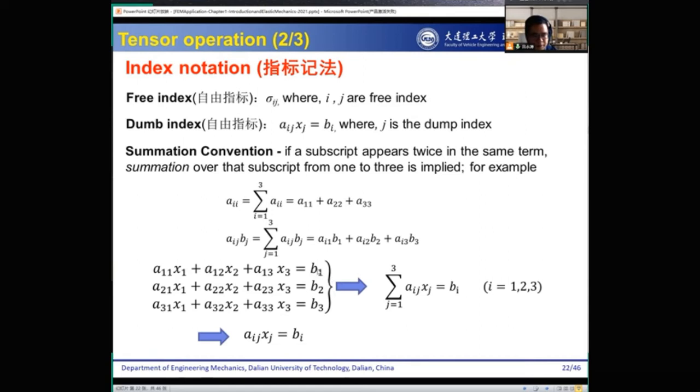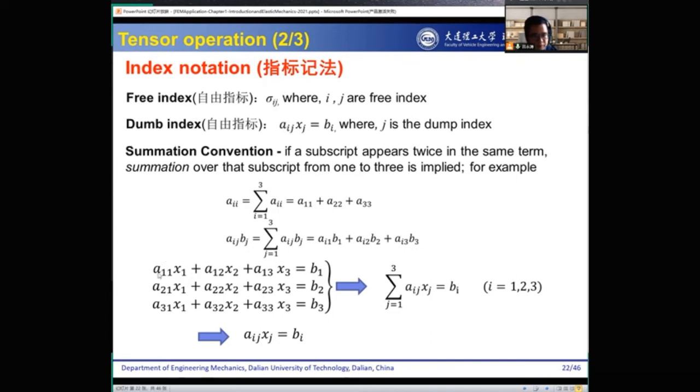So here B1, B2, B3 are in 3 individual equations, which means the index for B should be a free index. So that's why we have Bi. And here is the same. In this direction, we see A11, A21, A31, so the iteration 1, 2, 3 is in different equations. So here it's also Ai. i is a free index.